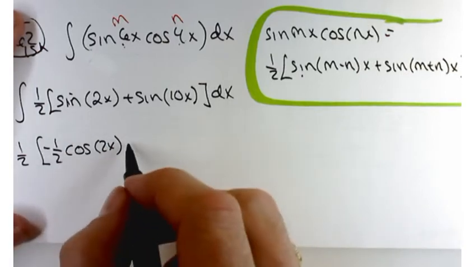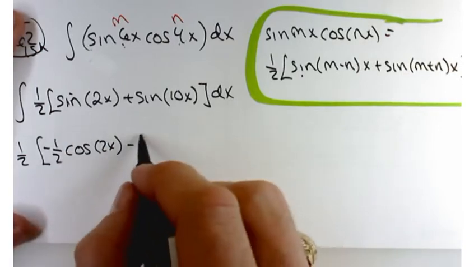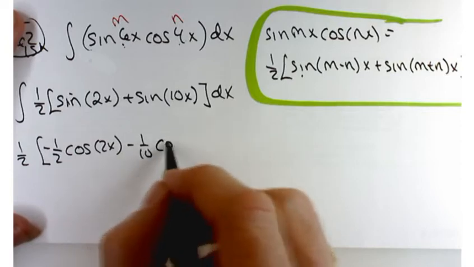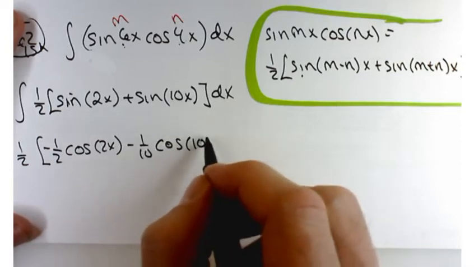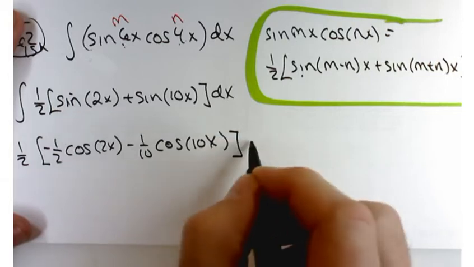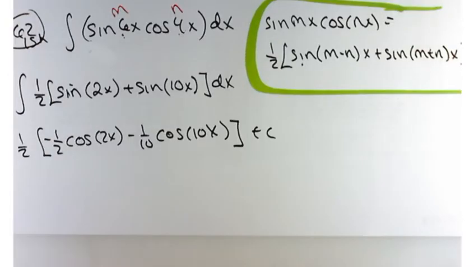Negative 1/2 cosine of 2x minus 1/10 cosine of 10x plus your constant. You can distribute it and maybe clean up or factor something out, that's fine, but this is where I want to leave problem 62-ish. Okay, we comfortable with that? All right.